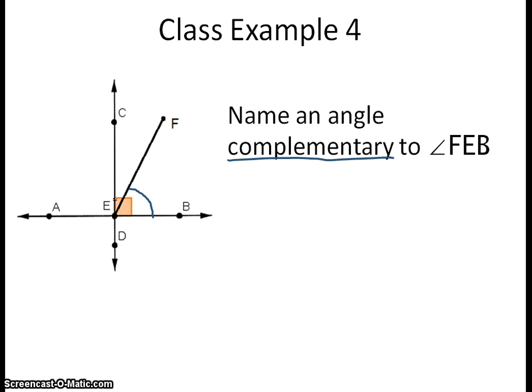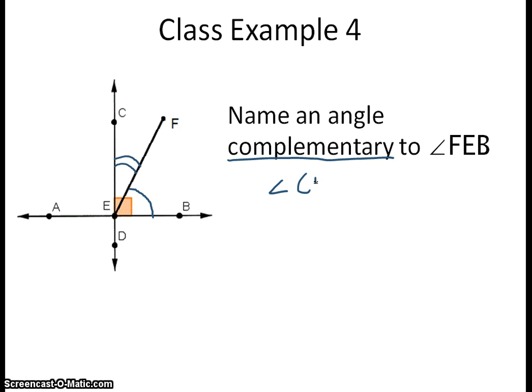So I can see this corner right here, which says that CEB, this whole angle, is 90 degrees. So what angle makes up that 90-degree angle with angle FEB? Well, the only angle that does that is this angle right here, CEF.